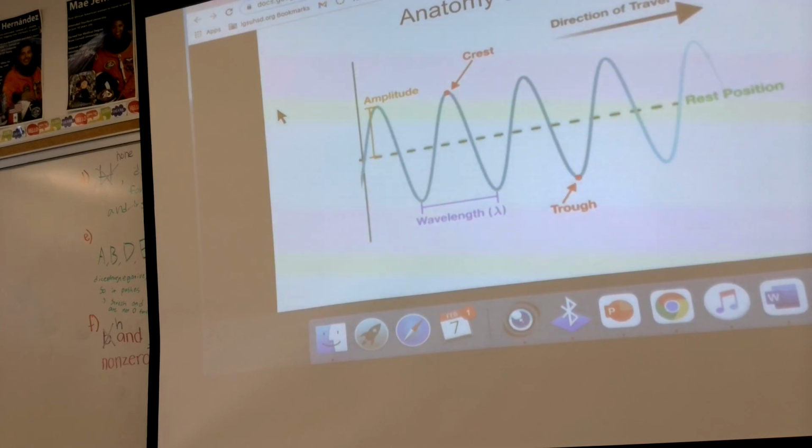So when you measure it out, it's really just as best you can find the middle to the next middle portion of your rarefaction. And the anatomy for longitudinal waves, we don't have amplitudes in a longitudinal wave. We also don't have equilibrium points. So it's just compression, rarefaction, and wavelengths.